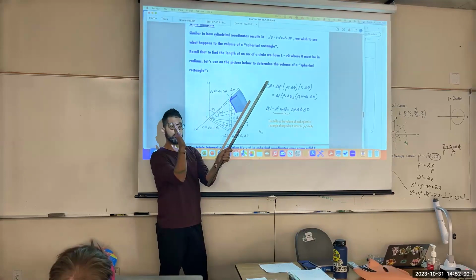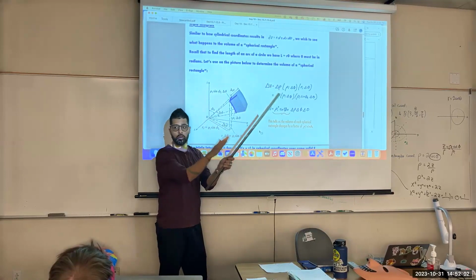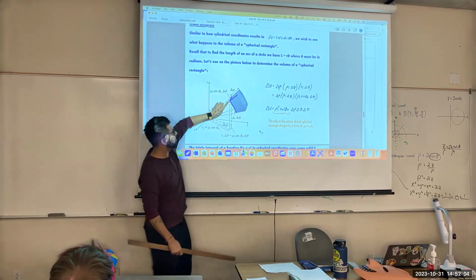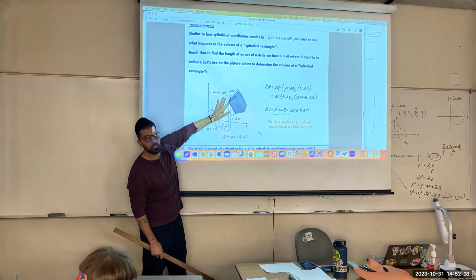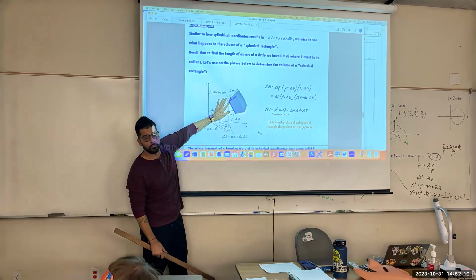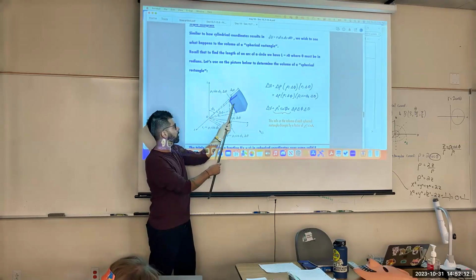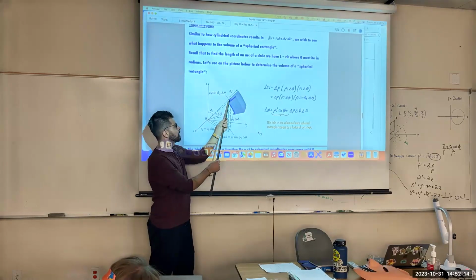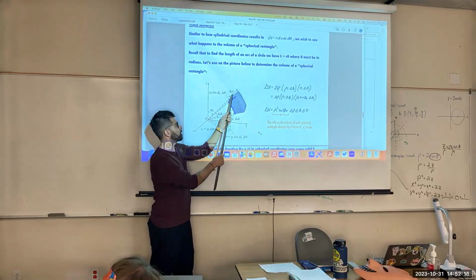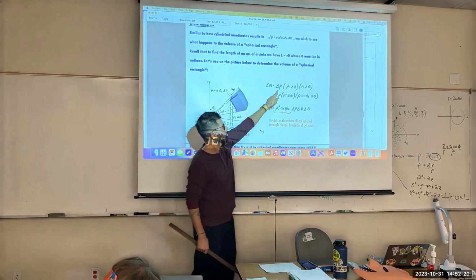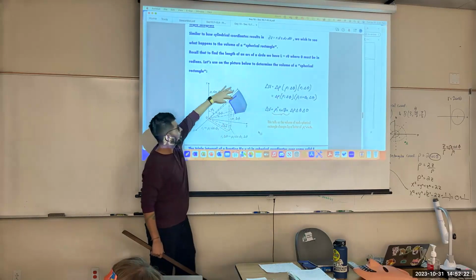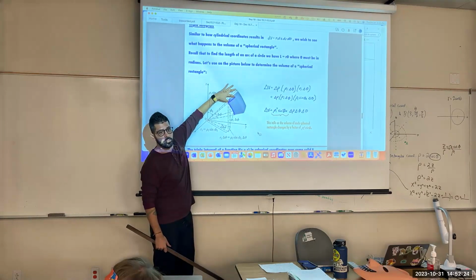So how many radians did it change? How many radians is this changing by? So the length of this arc times the length of this segment times the length of this arc, that's how we're going to find the volume. Delta rho gives you this length here, that's the change in rho.